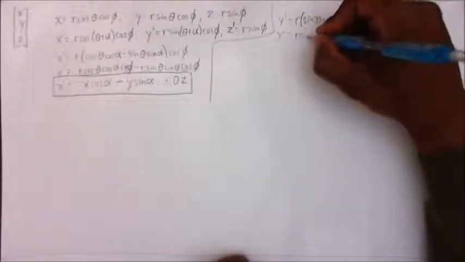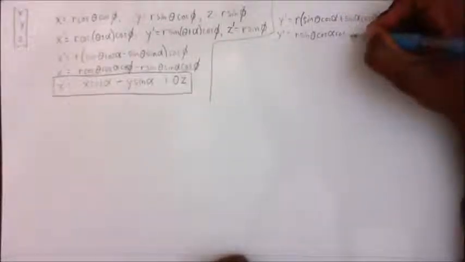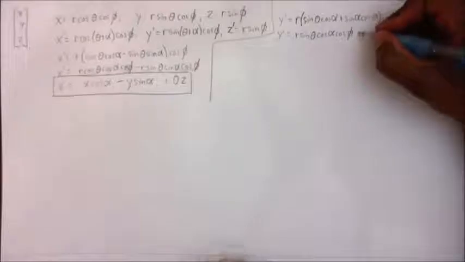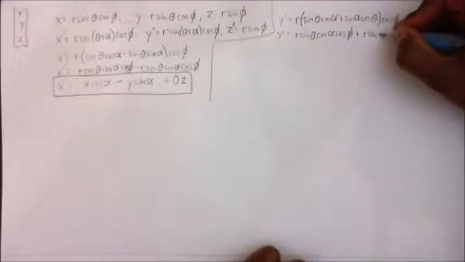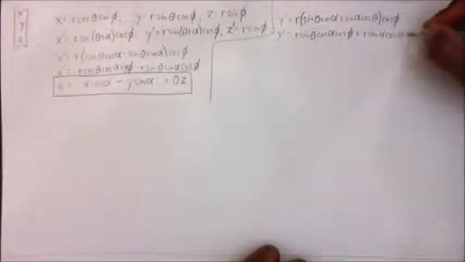So now y prime is equal to r sine theta cosine alpha cosine phi plus r sine alpha cosine theta cosine phi.